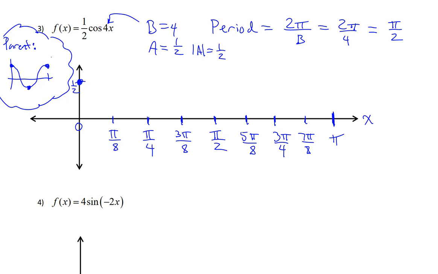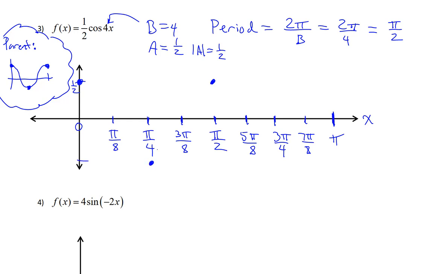So let's do this here. One full period for us is pi over 2. We have that marked halfway through since we're doing 2 periods, which means we have to get back up to the highest point there, and we hit the lowest point halfway between it. So I'm going to put those points in.